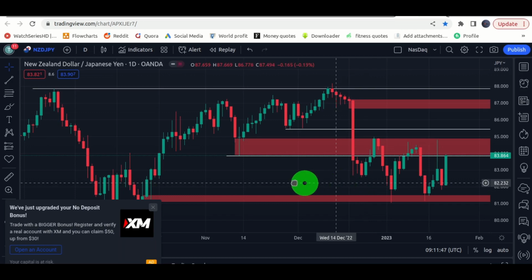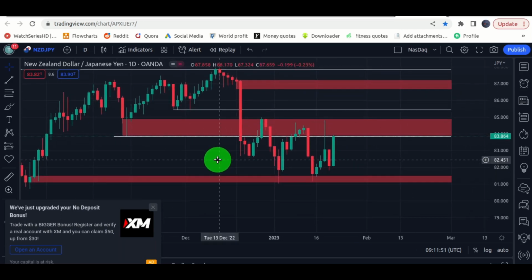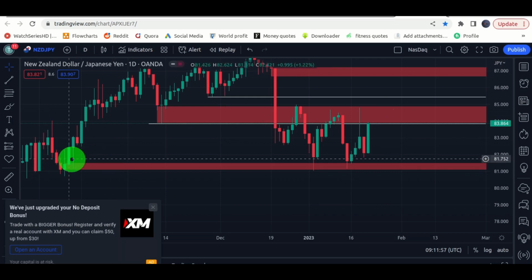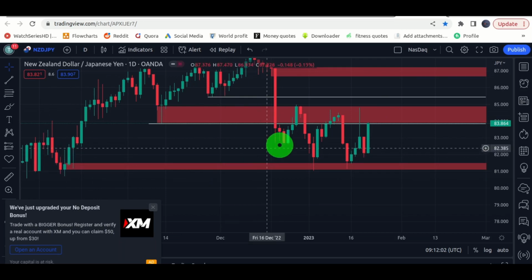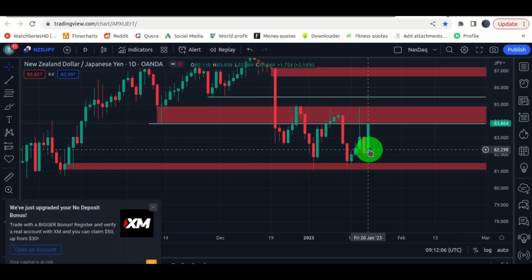And the last one is New Zealand Japanese yen. It's pretty much the same story here. We are ranging, and it seems like this order block here is kind of holding. So for this one, I'm gonna be honest with you guys, I don't know what's happening here.